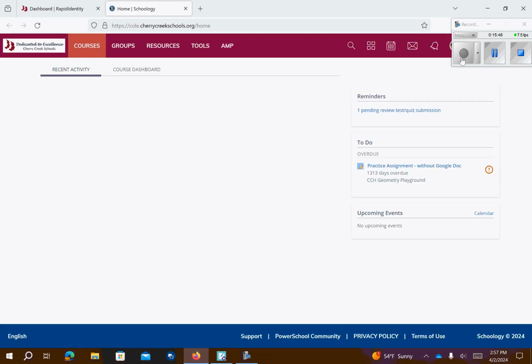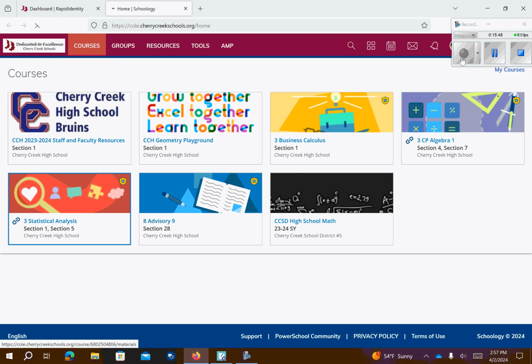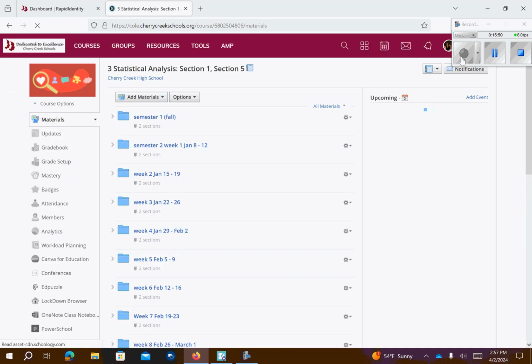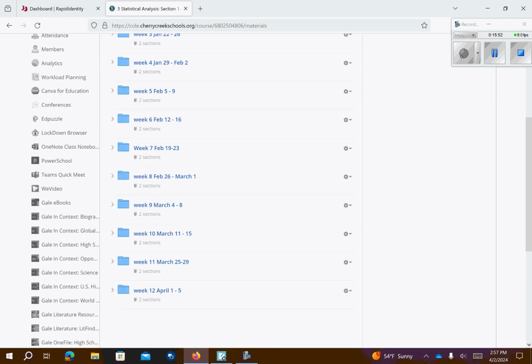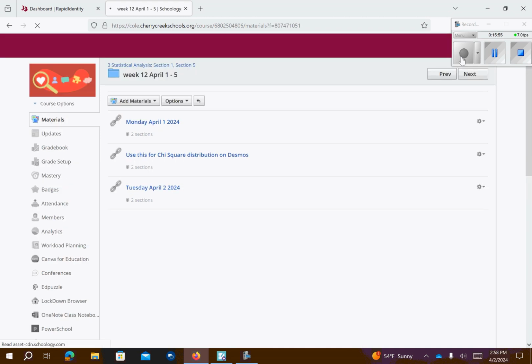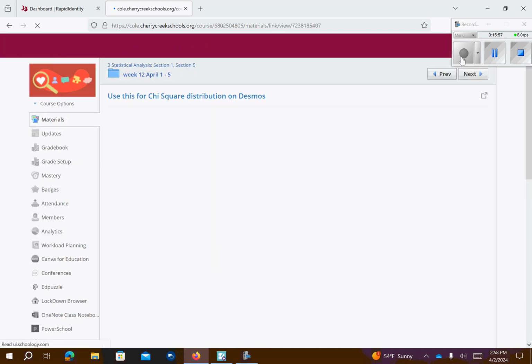All right, so if we go under courses, you find stat analysis, and make sure you can figure this out on your own. But if you go under April 12th, use this for the chi-squared distribution.